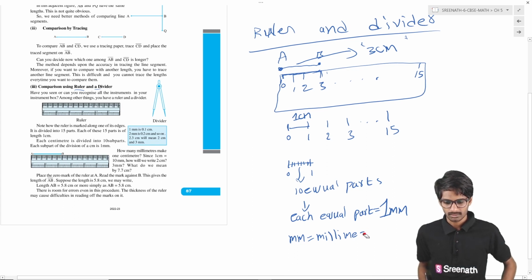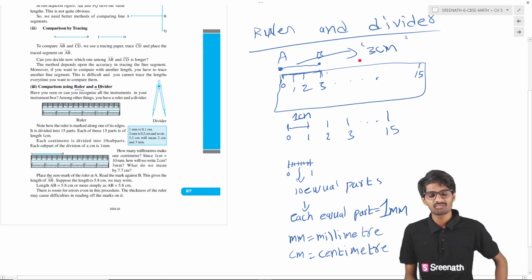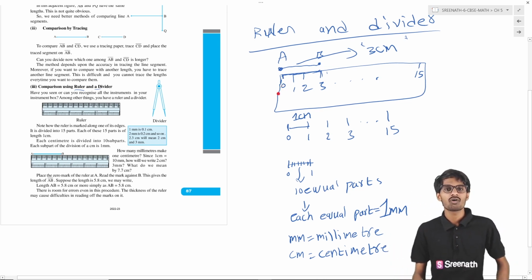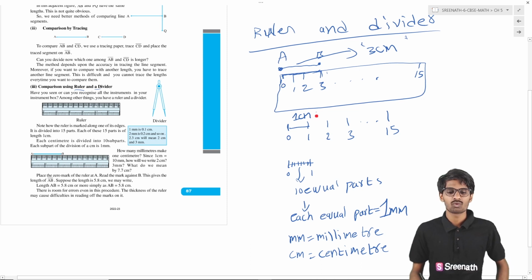What is cm? Cm is centimeter. So in a scale there are 15 equal parts, and we call each part 1 centimeter.